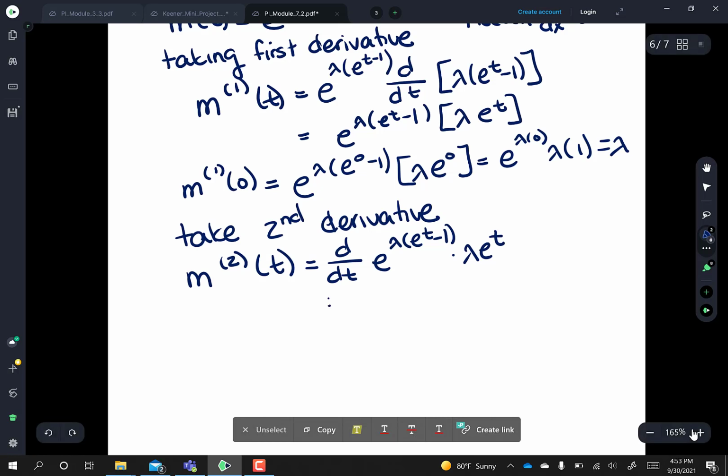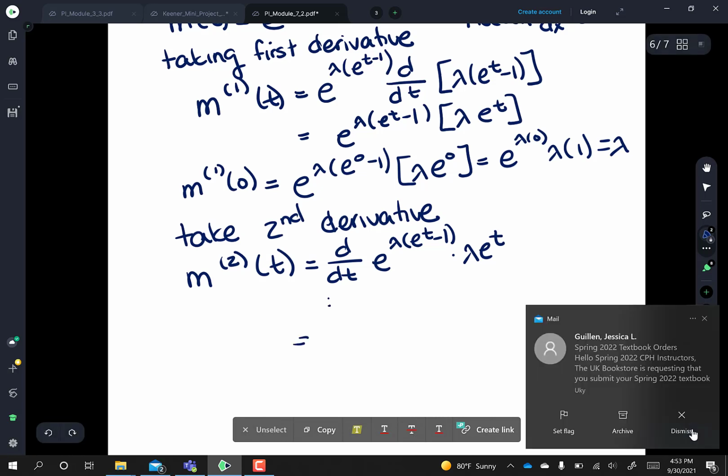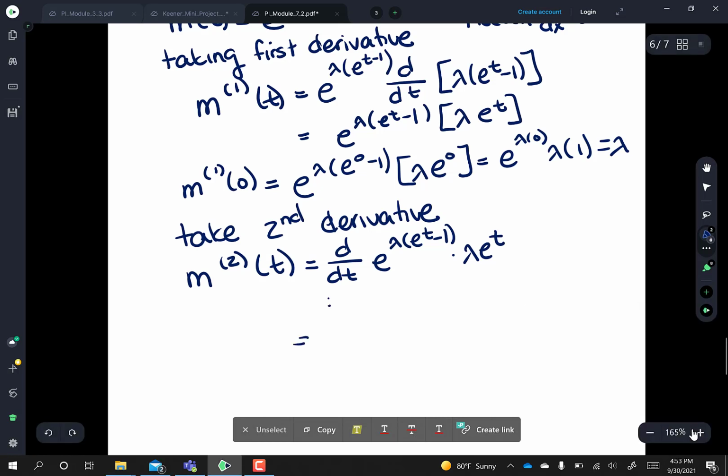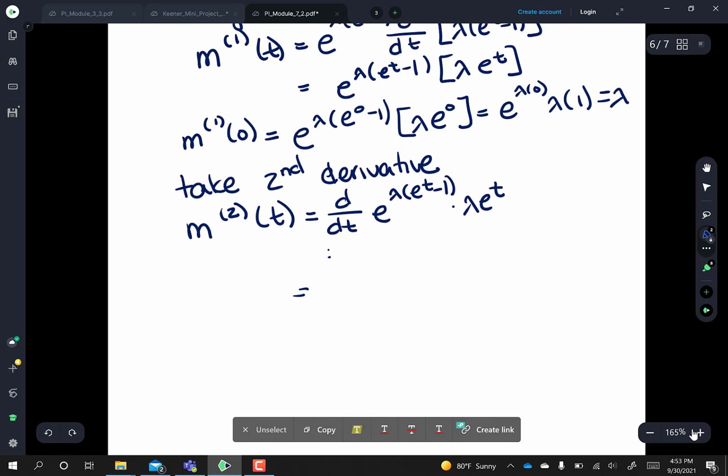And you should find that when you do that, you get e to the lambda (e to the t minus 1) times lambda e to the t plus lambda e to the t times e to the lambda (e to the t minus 1) times lambda e to the t.